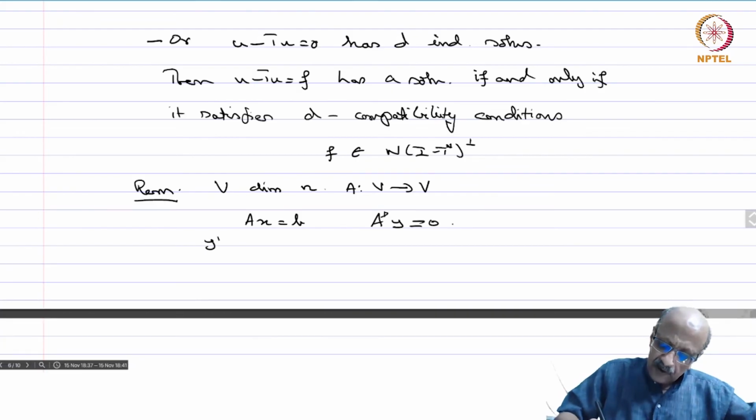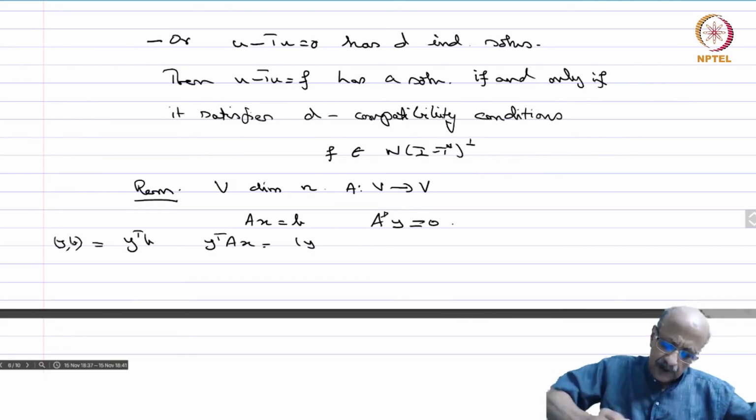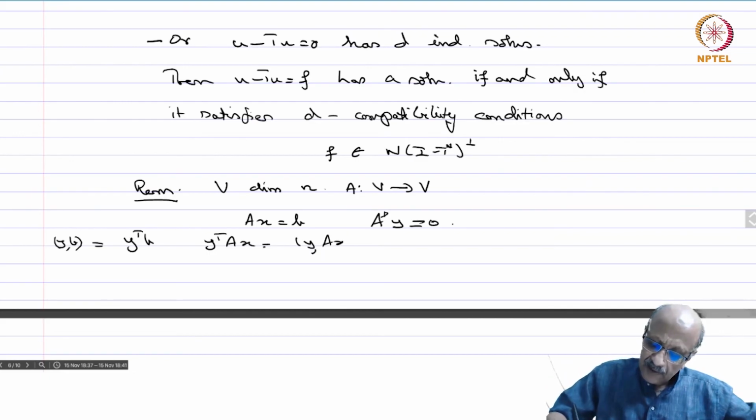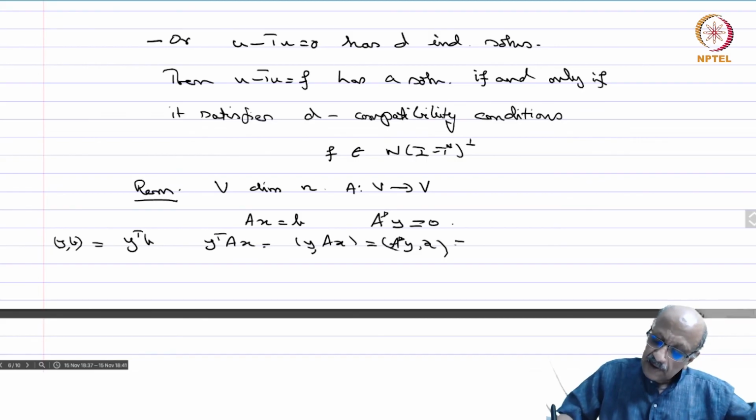Then y transpose Ax, which is y transpose b, which is the inner product of y and b, is equal to the inner product of y and Ax, which equals the inner product of A*y and x, and that is 0.